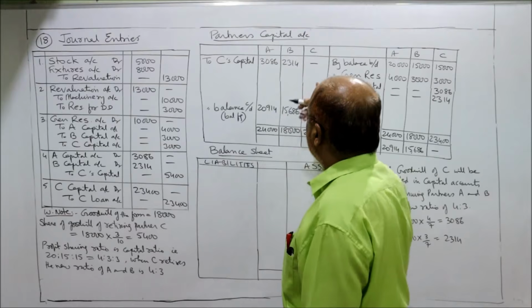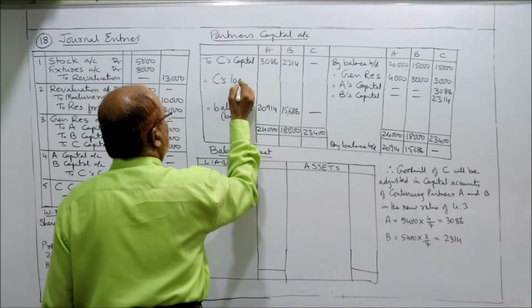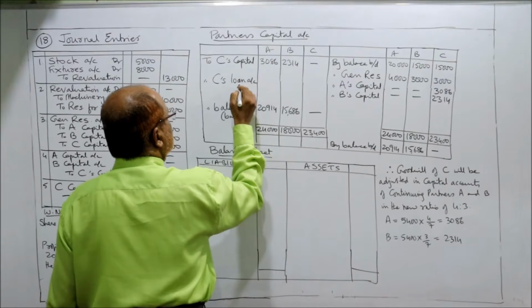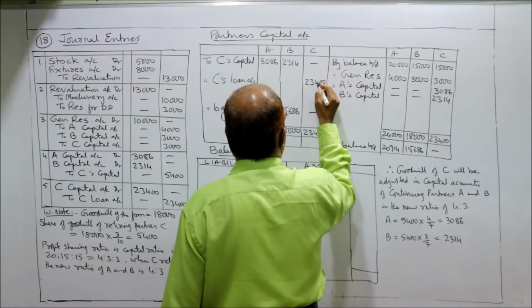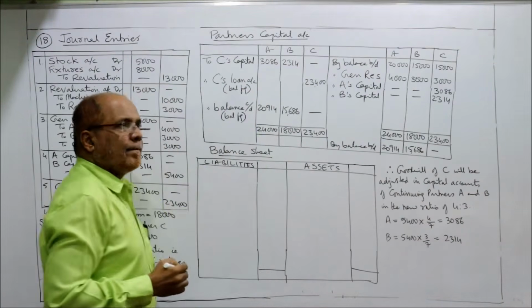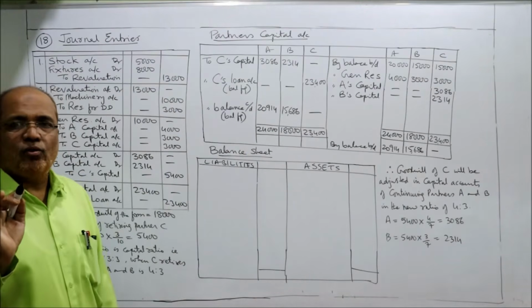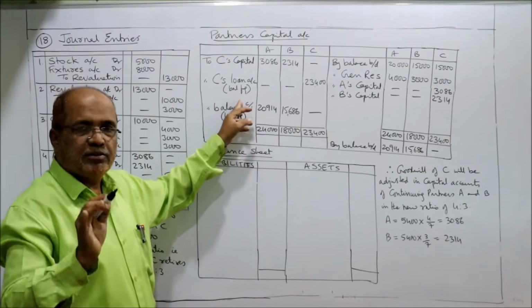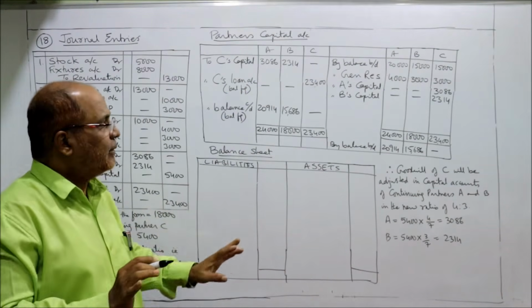So C's capital account is debited to C's loan account, 23,400. This is the balancing figure for C. For A and B put a dash. So 23,400 should be treated as a loan. This loan from C will appear on the liability side.